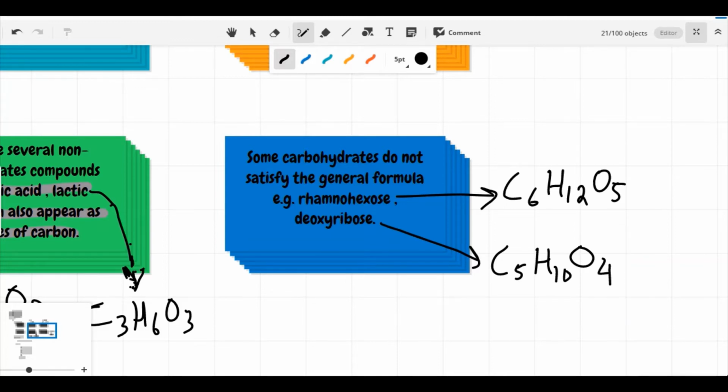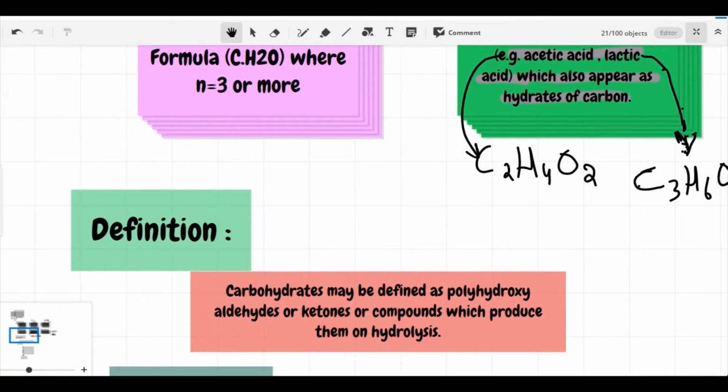Hence carbohydrates cannot always be considered as hydrates of carbon. Remember that. Now we are going to move on to the definition.